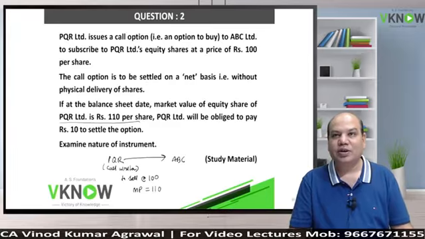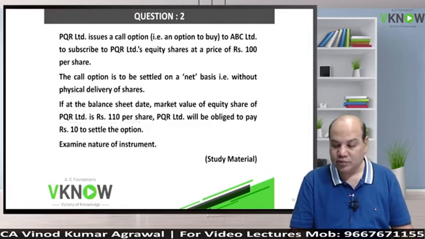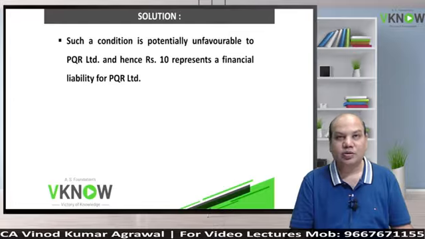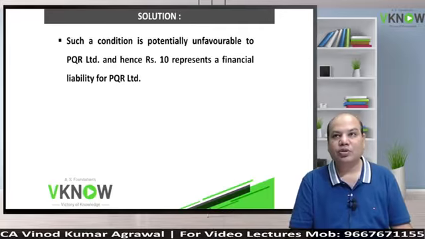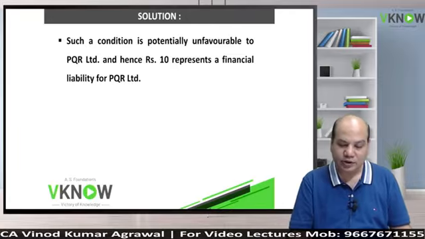If the market price exceeds the exercise price, the writer has to pay the difference. So examine the nature of the instrument. So in the exam, how do you know the nature of the instrument? There is a contractual obligation to deliver cash or a financial asset under potentially unfavorable circumstances. So the element number 2 definition is satisfied.